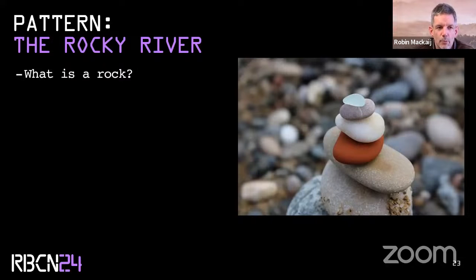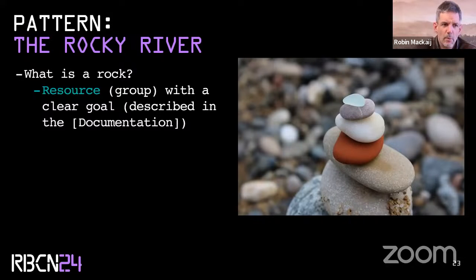So the Rocky River is about a flow of data and rocks. And the rocks are basically functional entities in the original architecture. But if we apply this to Robot Framework, we can say, okay, so a rock is a resource or a resource group with a clear goal.